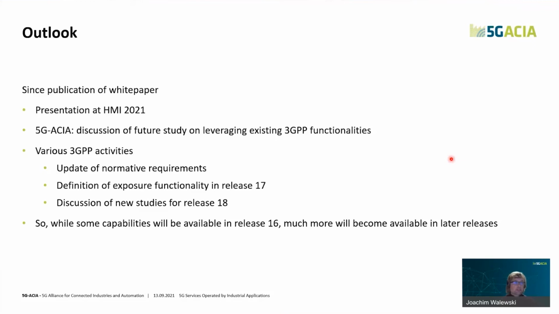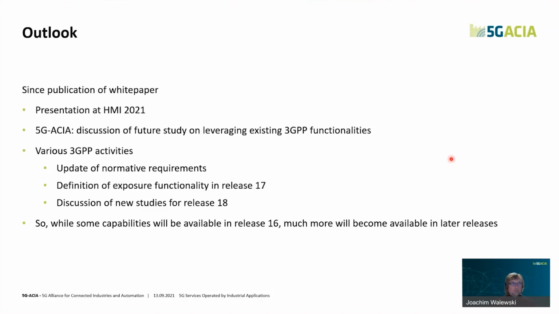In 3GPP, there are certain activities. First, it turned out that 5G-ACIA came up with new requirements that have no counterpart yet, there's no capability ready for it, and there was also no requirement that described the 5G-ACIA requirements. So right now, led by me, there is an activity to update the normative requirements and close the gaps.